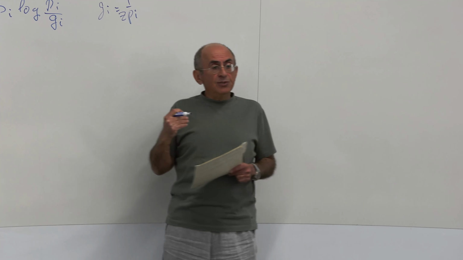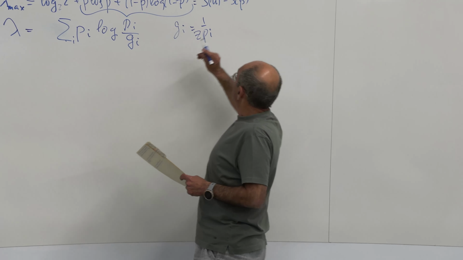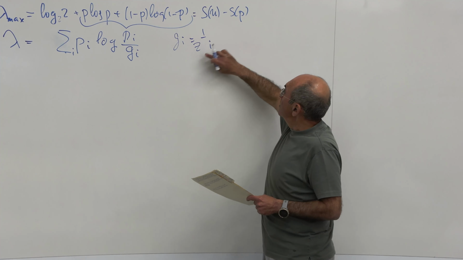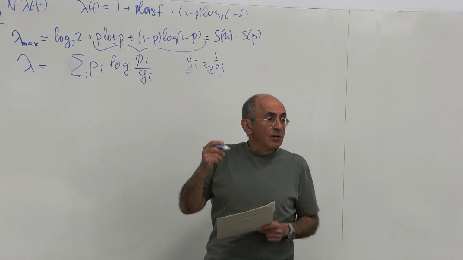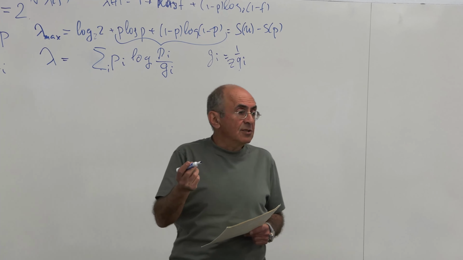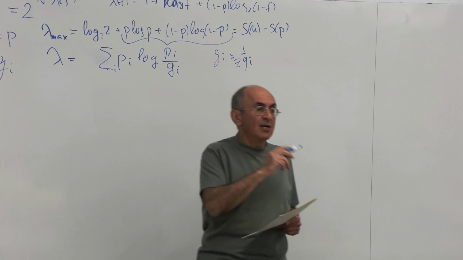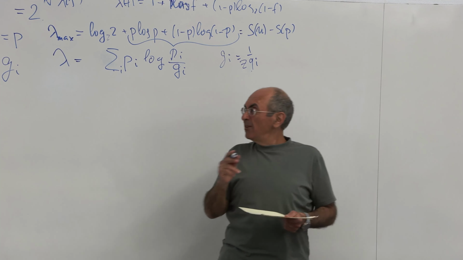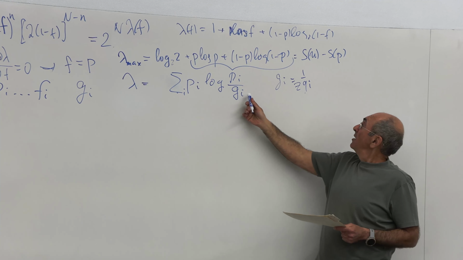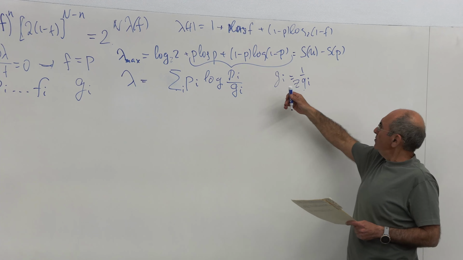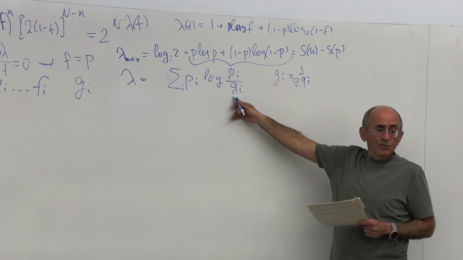The hope is if the operator is using the wrong probability distribution. So he uses q_i, but you are using p_i. Okay? And what will be then the result of all this?